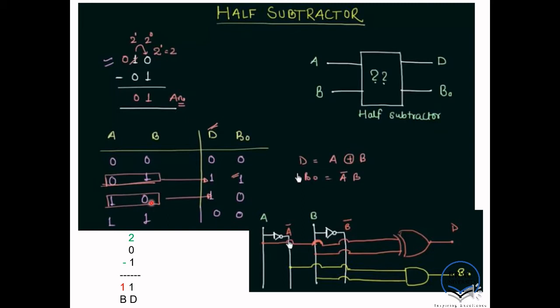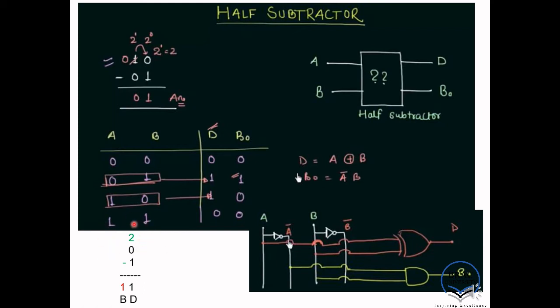0 minus 1. So just look here, you can't really subtract 1 from 0. That's why I need to borrow from the previous bit. If you borrow from this bit, you need to borrow 2, because 2 is the base for binary.